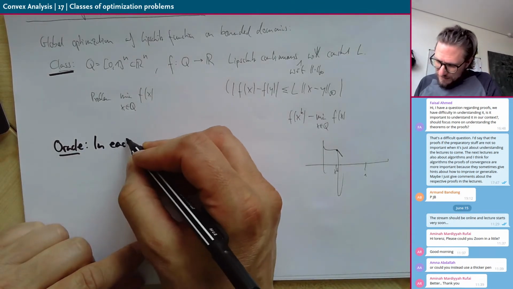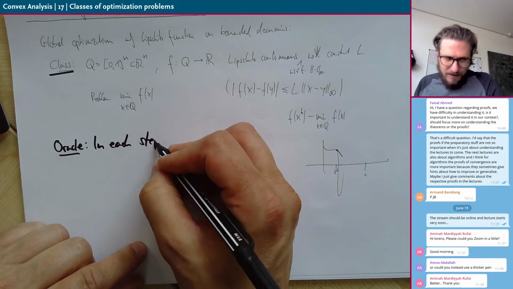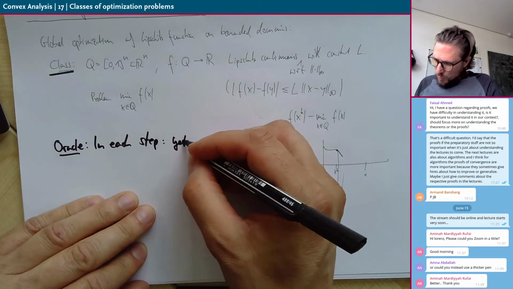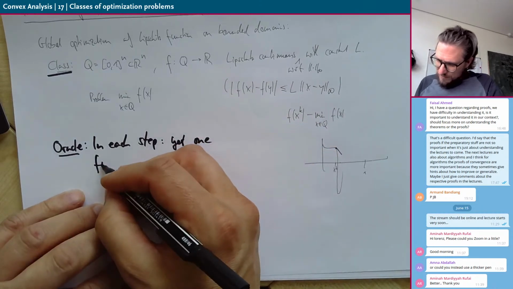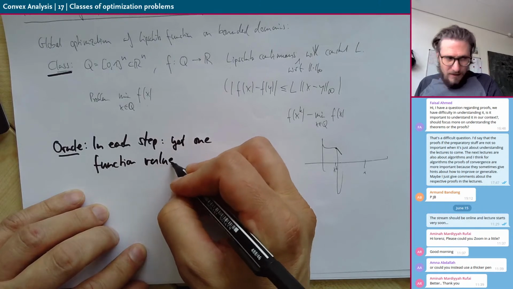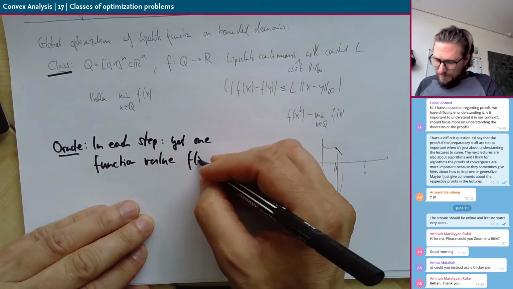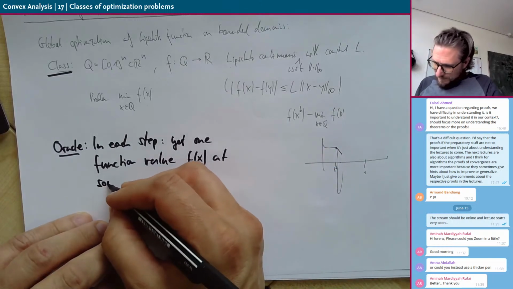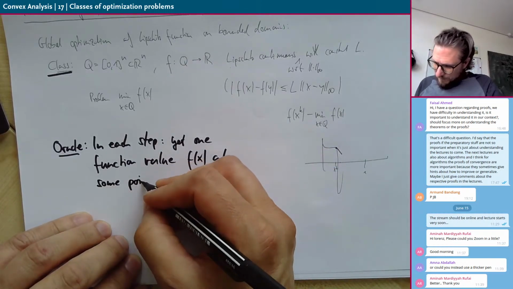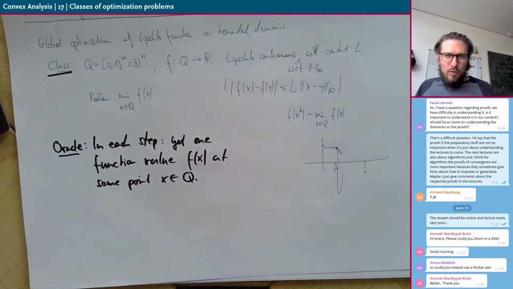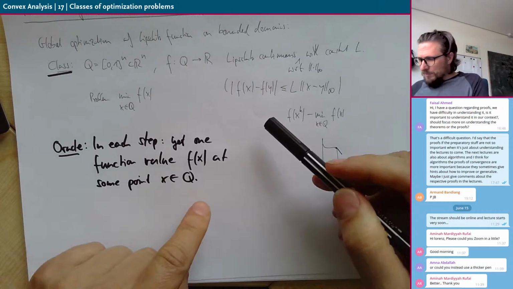In each step, get one function value f of x at some point x in q. So we don't allow anything more than that, because, well, what could we do?